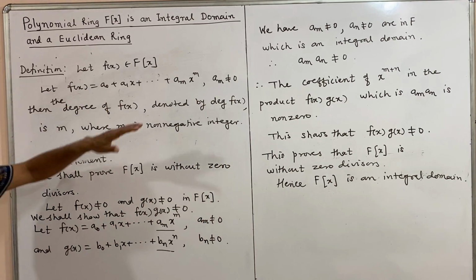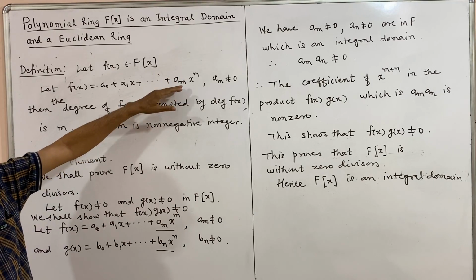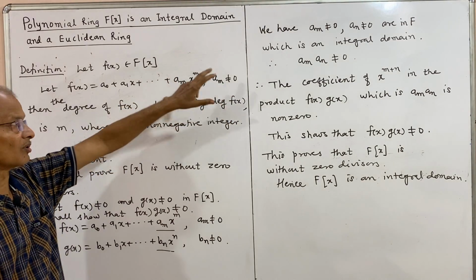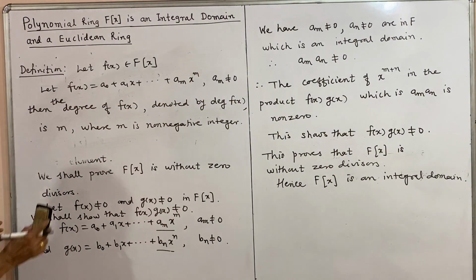That means it is the highest power term of x with a non-zero coefficient. a_m is not equal to 0, and this m is the degree of this polynomial.